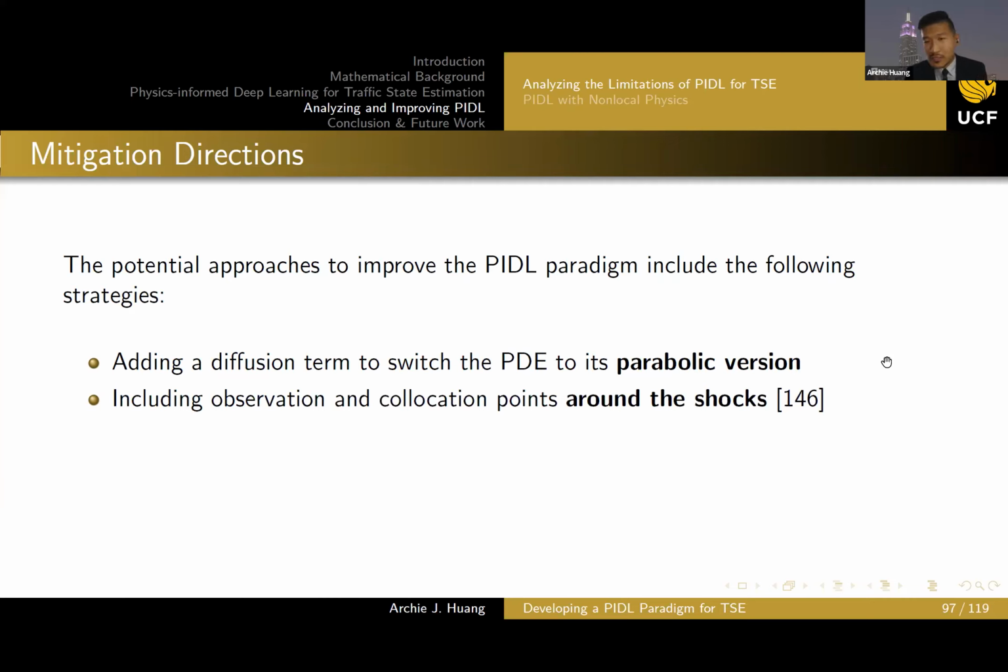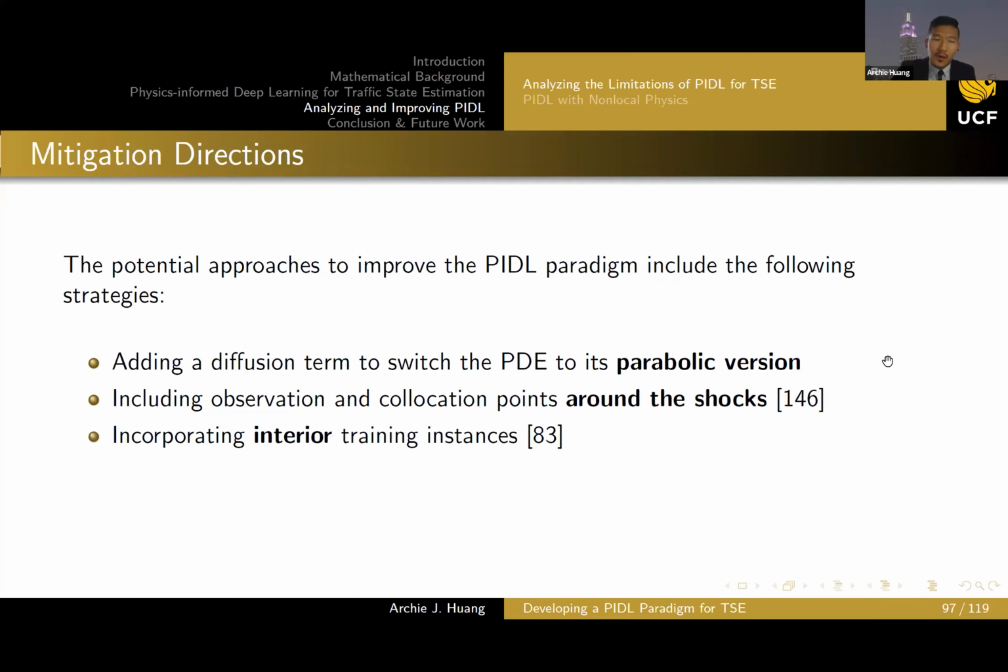But this strategy also brought out another challenge, that is, how would you identify the shocks in the data that you are trying to learn? That's also another research topic, but I just want to mention that this mitigation strategy comes at a cost or potential setback as well.